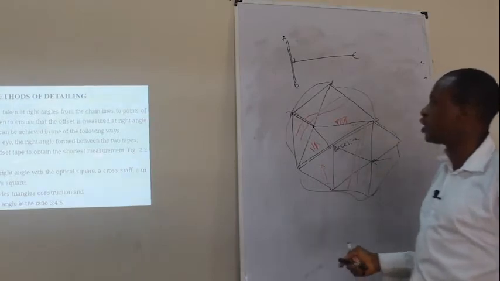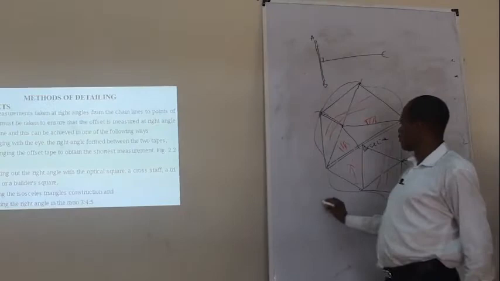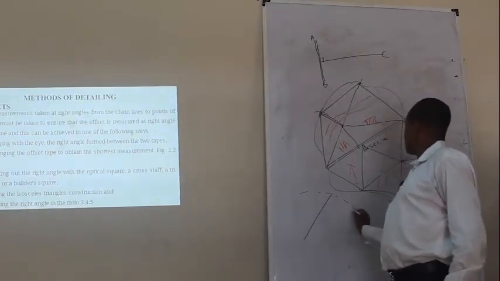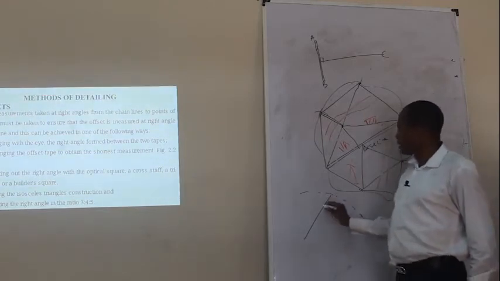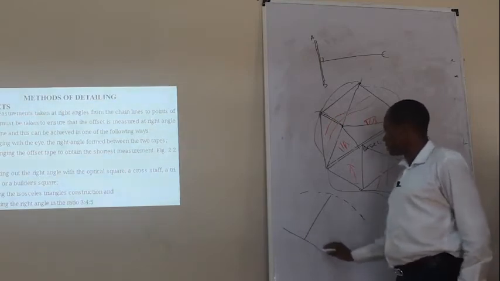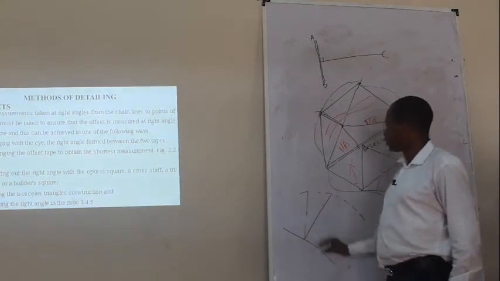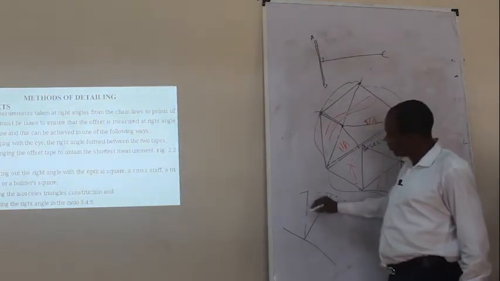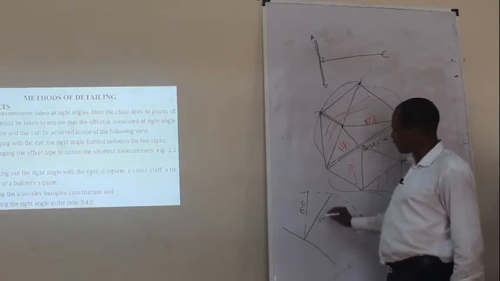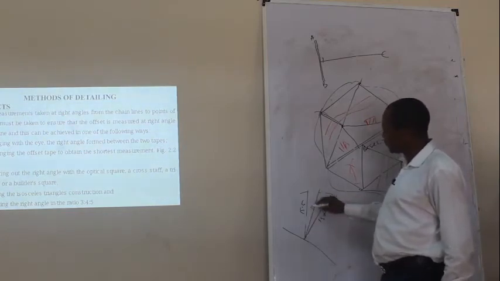Then, by swinging the offset tape to obtain the shortest measurement. If you swing from a particular line, assuming this is a line you are working on, and you measure, this will give you a distance, maybe 15.5, this one maybe 15.7, and eventually this one maybe gives you 15.2.